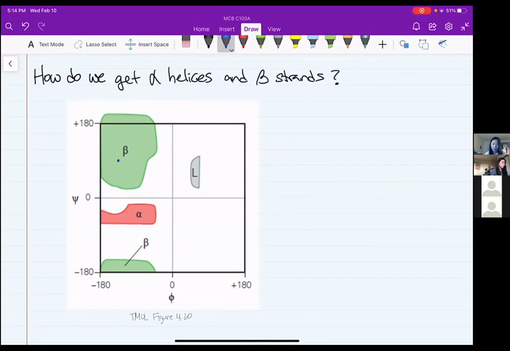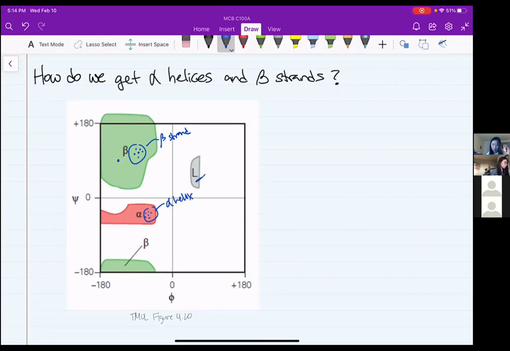But rather, if we have a beta strand, then what that does tell you is that you're going to have consecutive residues with phi and psi values clustered in this beta region. So you'll have a clustering of phi and psi, and you'll have a beta strand. And then similarly, for an alpha helix, you'll see consecutive residues with clustered phi and psi values in the alpha region.